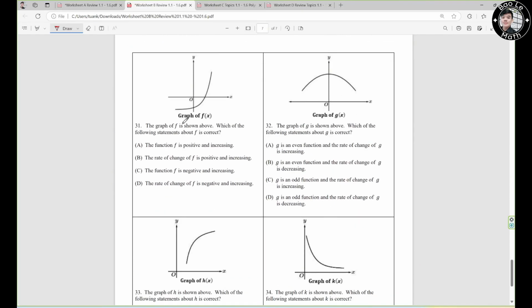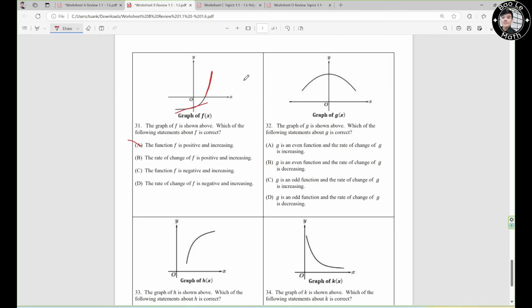The graph of the function f is shown above. Which of the following statements about the function f is correct? So the function f is positive and increasing. No, this is not positive. It's only positive in this interval only, right? So this is wrong. The rate of change of the function f is positive and increasing. Yes, you can draw the tangent line.